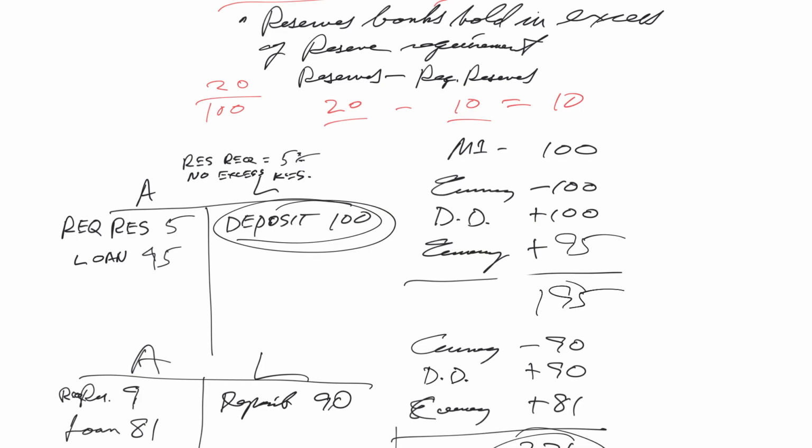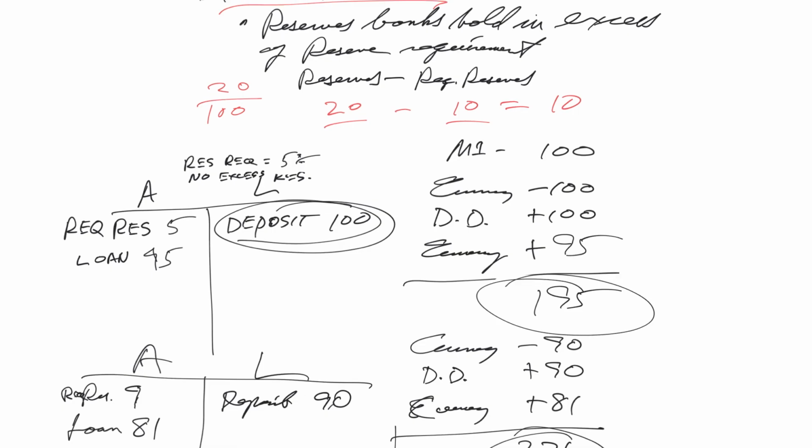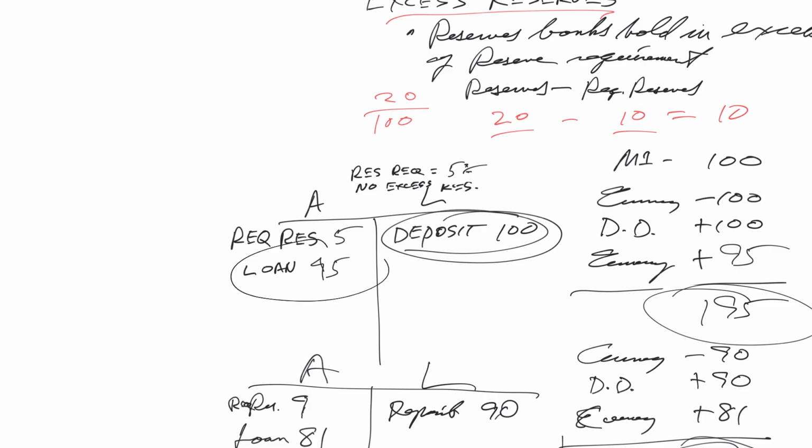So we get a bigger bang because why? More of it is being lent out. It's through the loans. So think of it this way. Tattoo this on your hand: the more lending, the more money supply. The less lending, the less money supply.